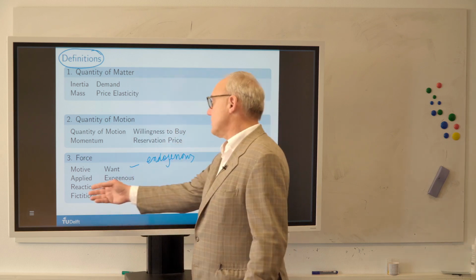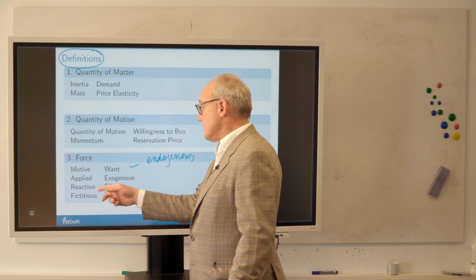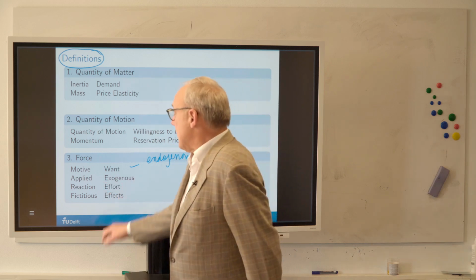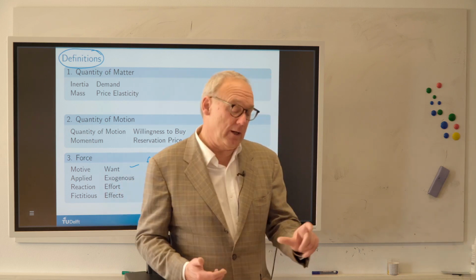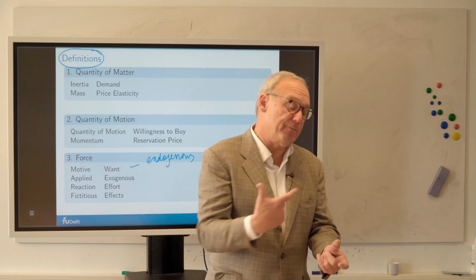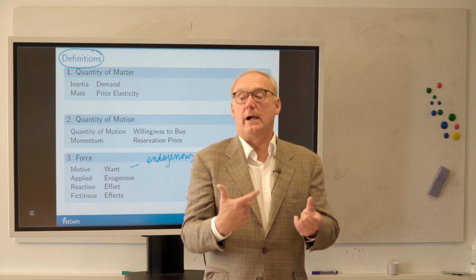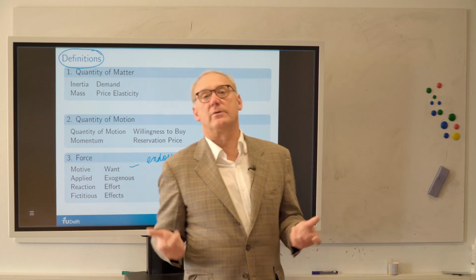So there's also something we would call a reaction force. This is something we'll talk about when we talk about the third law. And Marshall and many afterwards talk about how you can only have a want if you at the same time exert the effort to balance out this want, okay? So a want cannot come from anywhere.